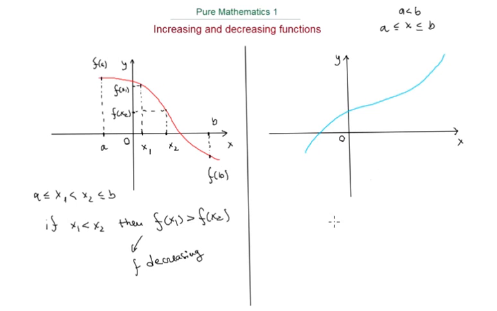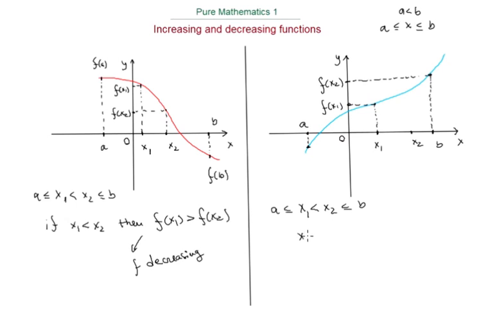On the right, if we choose two random values x1 and x2 within our interval, we have again chosen x1 to be less than x2, and within the interval from a to b, we will see that f of x1 is also less than f of x2.